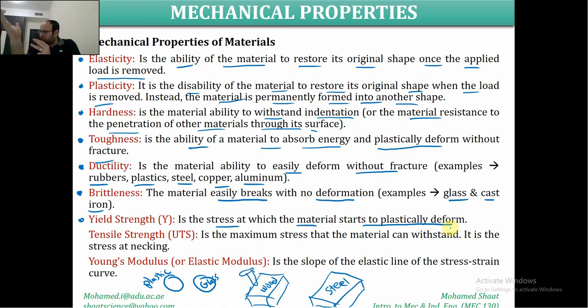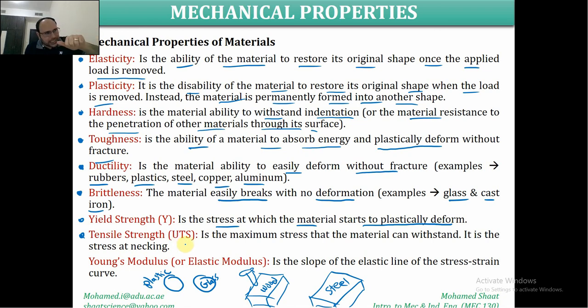This is the transition. At the yield stress, the material will start plastic deformation, and the material cannot restore its original shape one more time. The tensile strength is the maximum. We said that the tensile strength is the ultimate tensile stress.